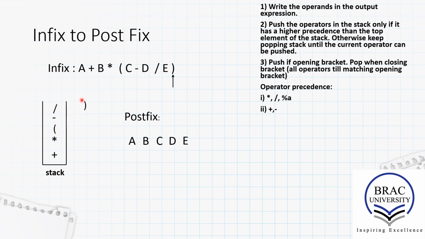So the closing bracket tells me that I have to pop the stack now. So I will pop the division sign and it will go to the postfix expression. And then I will have to pop the minus sign and it will go to the expression. And next, when I pop, I receive the opening bracket, so I will stop the popping over here.